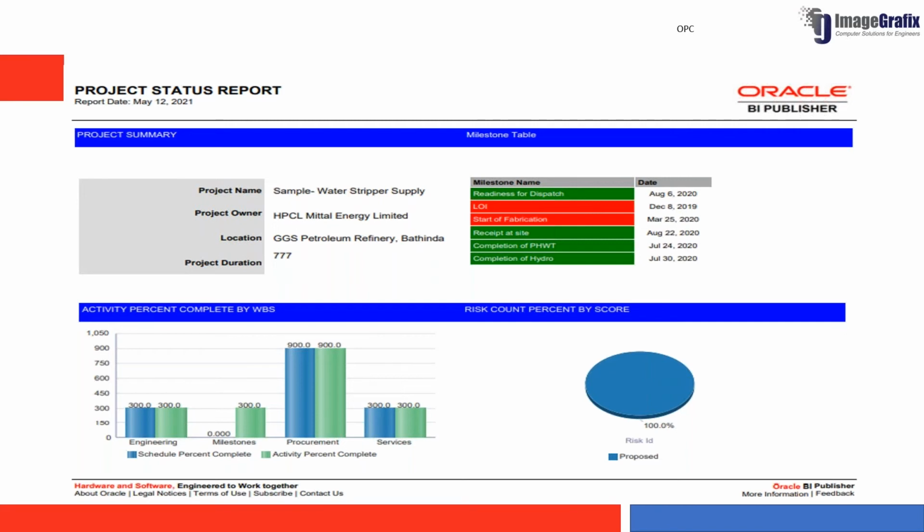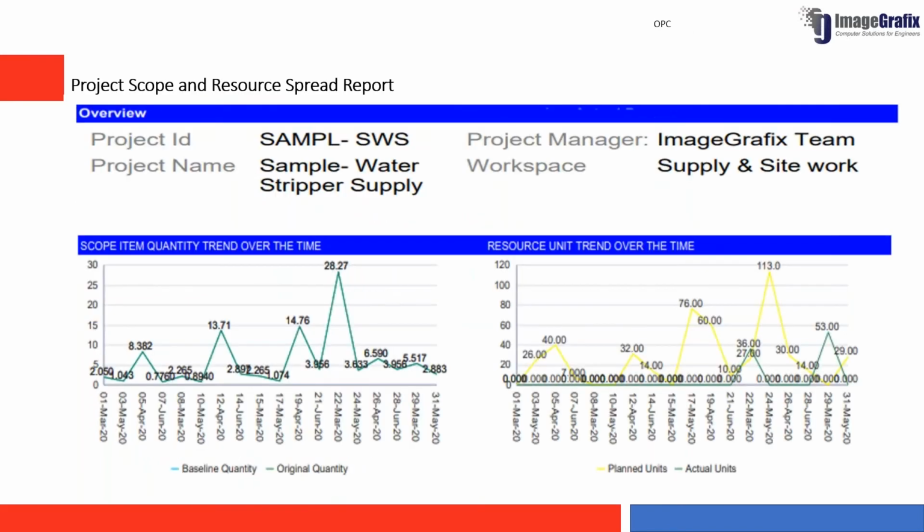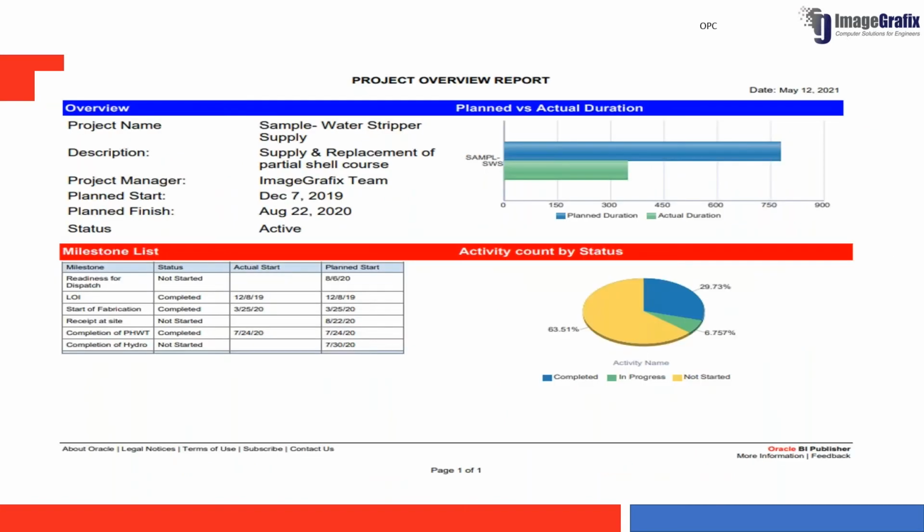Right? There's another report, the project scope and resource spread report. You have the planned versus actual units and baseline quantity versus original quantity. Right? Another report, the project overview report.